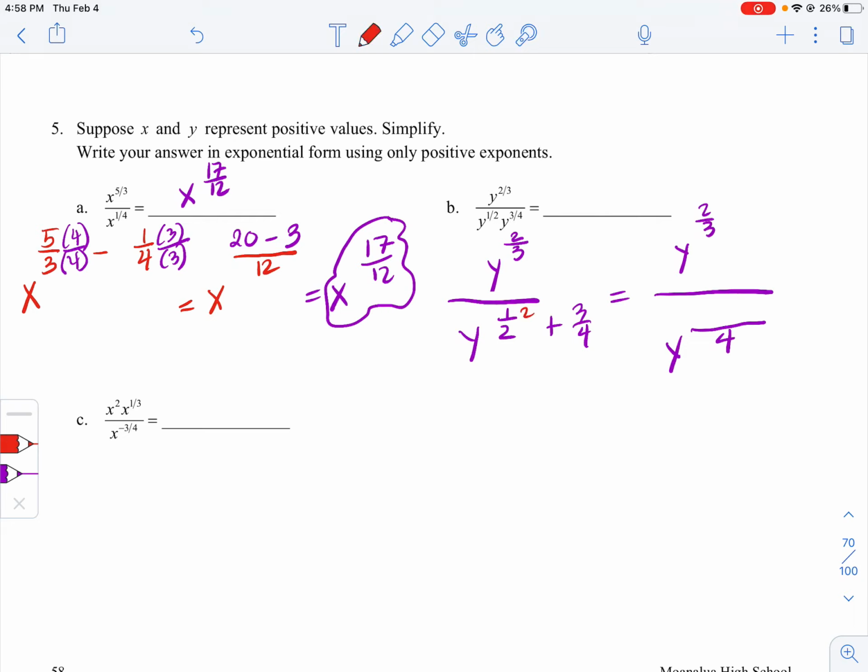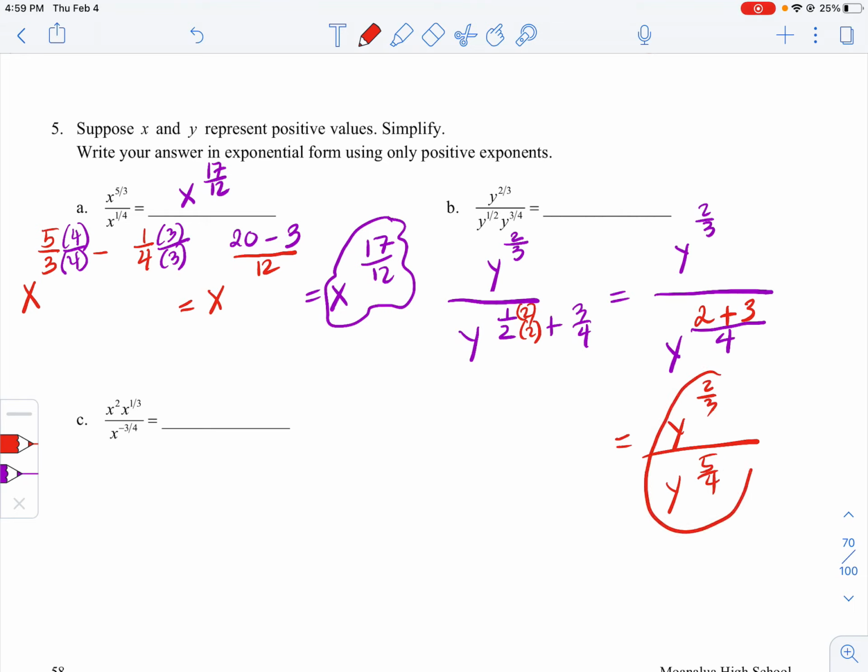So I multiply with 2 on the top, 2 on the bottom. So 2 times 2 is 4, 1 times 2 is 2, plus, I don't really have to do anything with that anymore. So this is going to be y to the power of 2/3 over y to the power of 5 over 4.